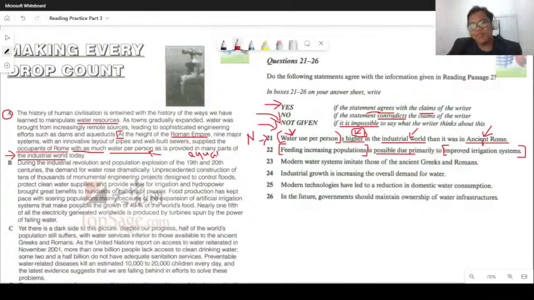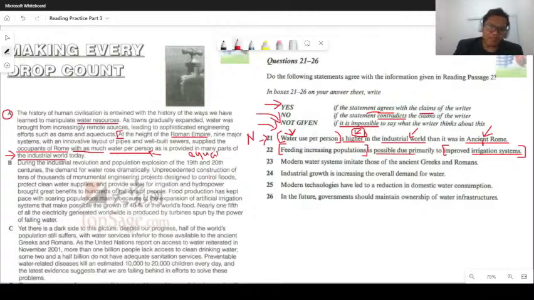Okay, so for improved irrigation system, we have to make sure that the paragraph clearly talks about the irrigation system, and there's a connection between irrigation system and how the population is fed. So let's take a look at paragraph B. During the Industrial Revolution and population explosion of the 19th and 20th century, the demand for water rose dramatically.